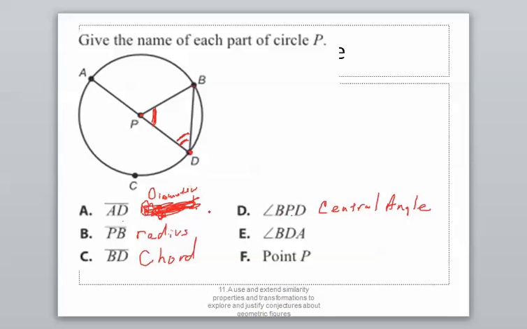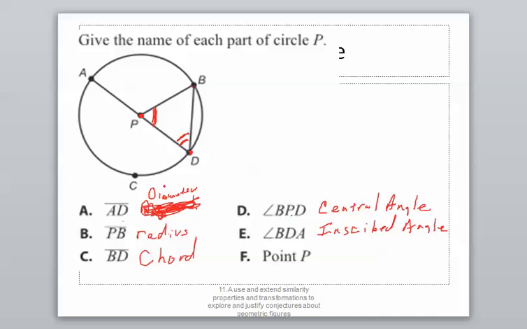That would be considered an inscribed angle. Okay? You need to make certain you understand what a central angle and an inscribed angle are. A central angle will always have its vertex sitting at the center of the circle.